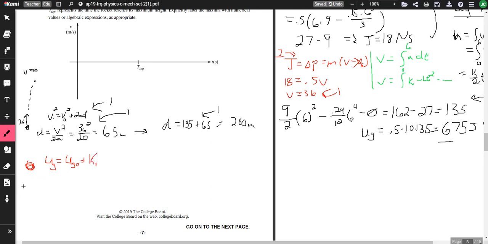So this would have ended up being mgh, would have been the total height, plus mg whatever height it was during the first 6 seconds, plus the 1/2 mv squared during that 6 seconds.